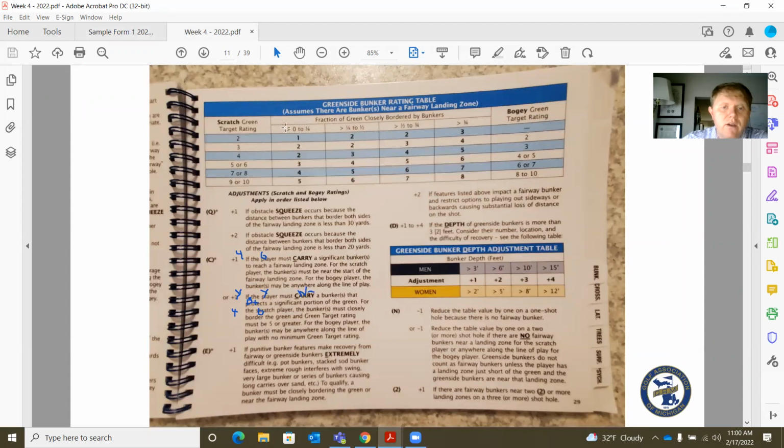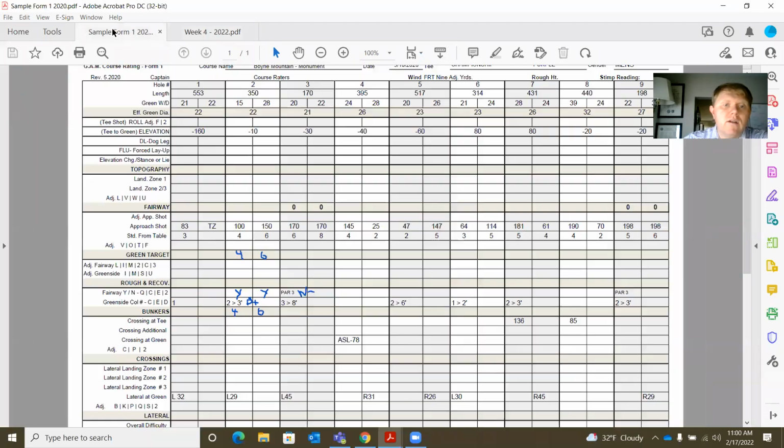If there is a value from the chart, it can't go below 1. So even if you had a 1 off the chart and you had an N minus, you wouldn't put 0. It's still going to get a value of 1. It's another common thing that comes up. It doesn't come up a ton, but a common thing that you'll see is a value of 0 for bunkers. If they exist on the hole, it's impossible to have a 0 for bunkers.